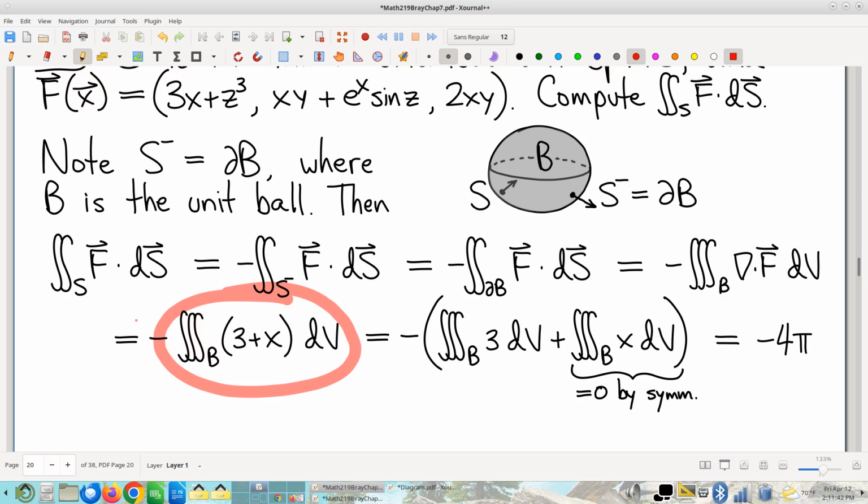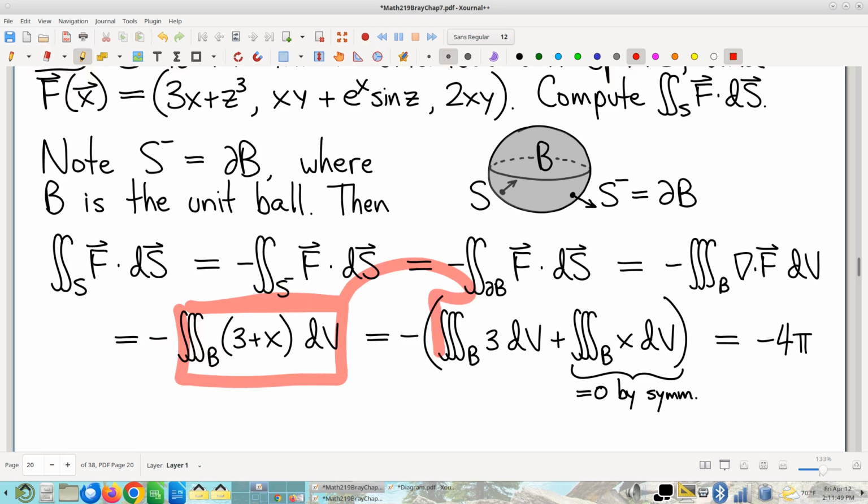The slick move, I think, is to notice that you can break up this integral into two separate integrals. And even though this integral over here, the integrand's not constant, and it's not symmetric, and it's not anything particularly nice, I guess it's at least a polynomial, that's worth something. But when you break it up into pieces, the first piece is constant, and the second piece is symmetric.